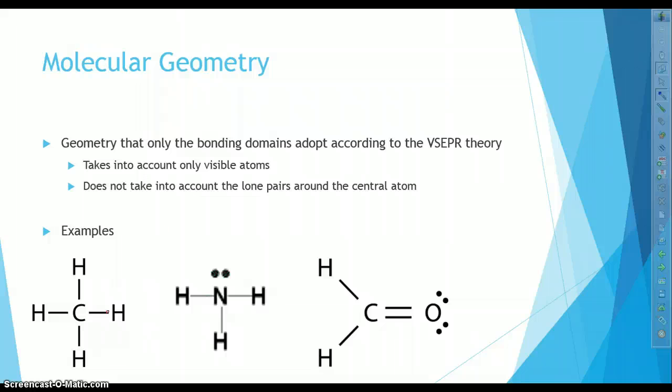So the molecular geometry would be tetrahedral. On this one right here, notice that even though it has 4 electron domains, one of them is a lone pair. So with 3 bonding domains and 1 lone pair, this becomes trigonal pyramidal.